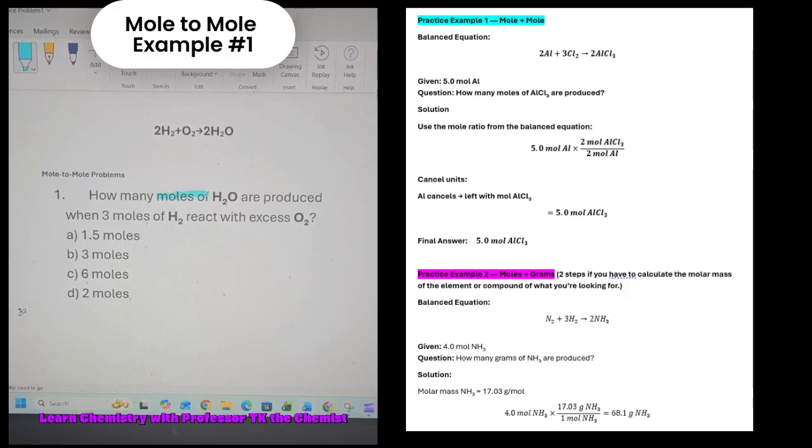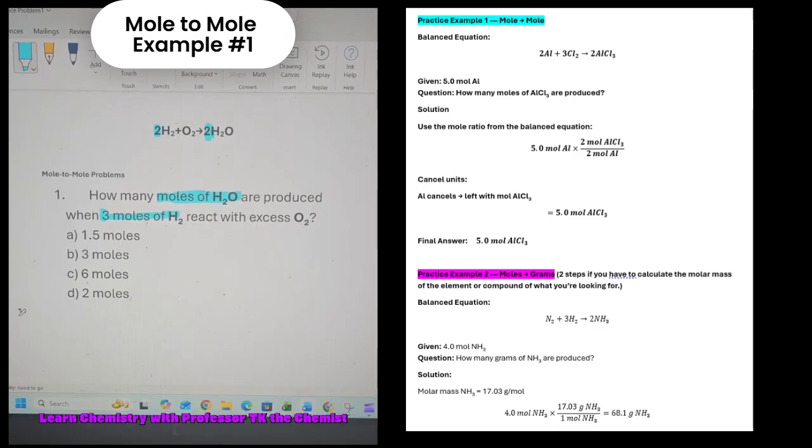So here we are. How many moles of water? That's what we're looking for. We're going to use a coefficient of 2 to help us solve this. They gave you 3 moles of hydrogen. You need that 3 moles here, but you also need the 2 moles up there to solve the problem.